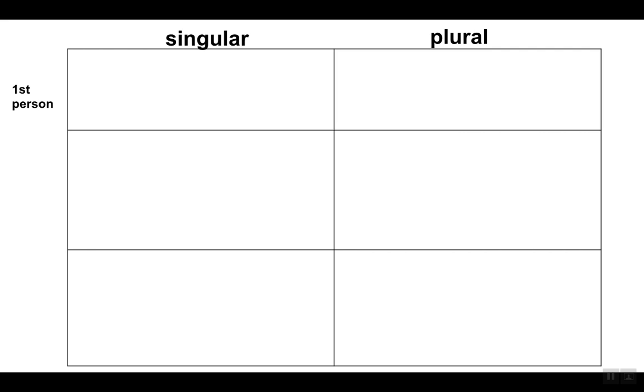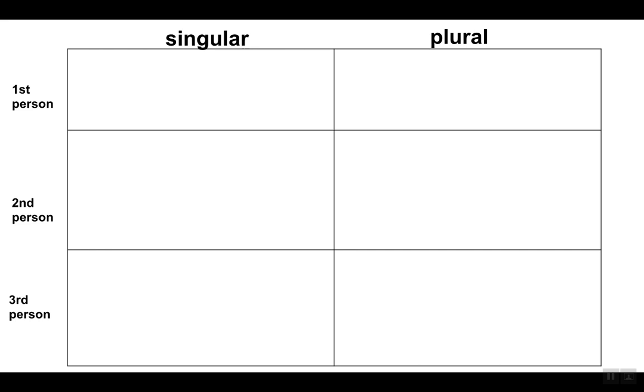Second person, for those two boxes going across, means you are talking to somebody. In other words, saying you or y'all. And then, of course, we have third person, which means you're talking about somebody, which would be like he, she, they, something like that, okay?